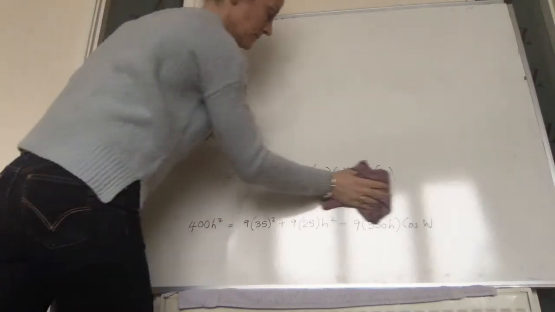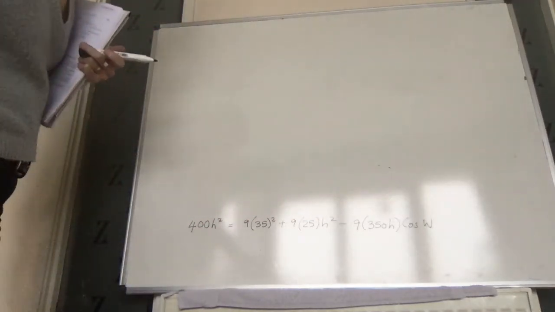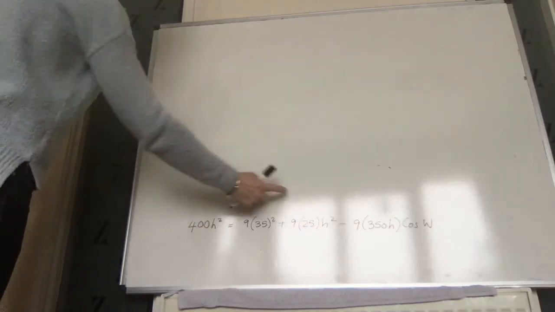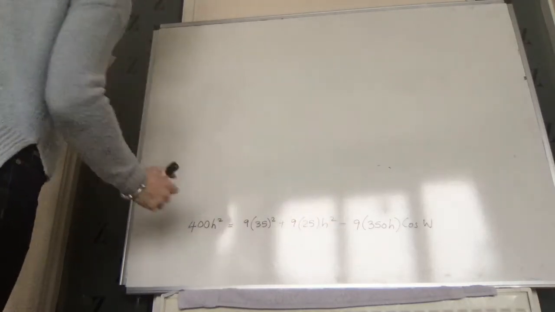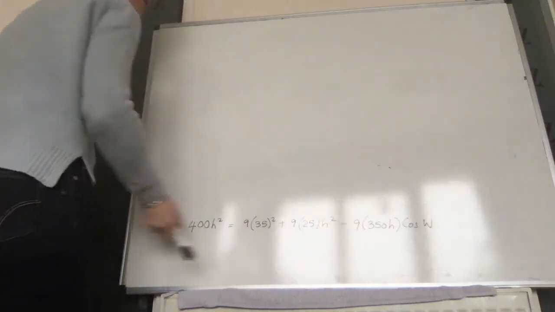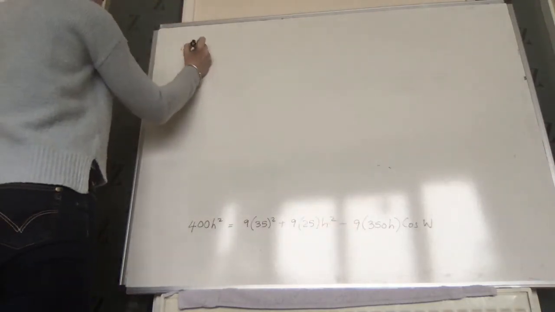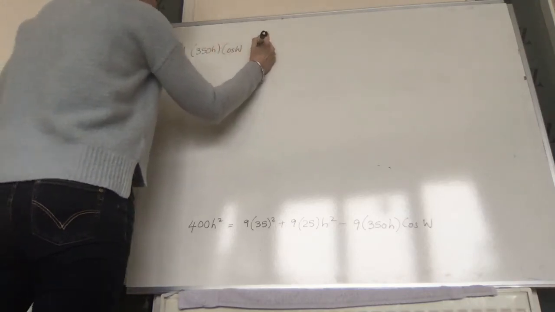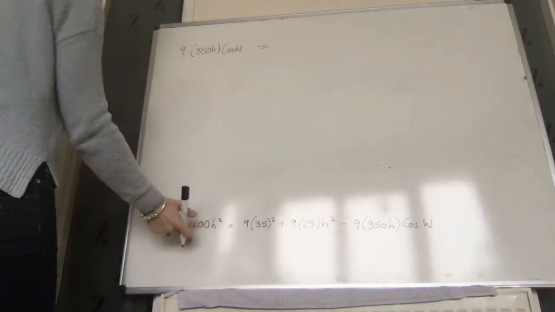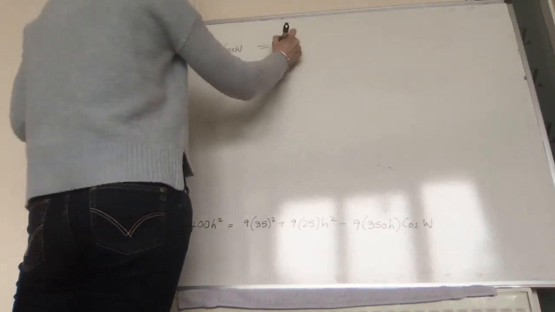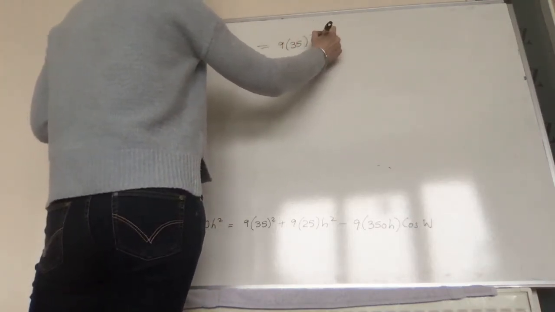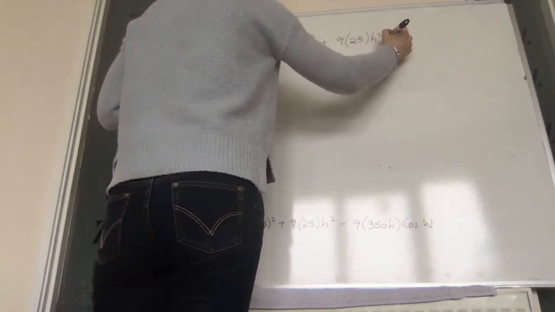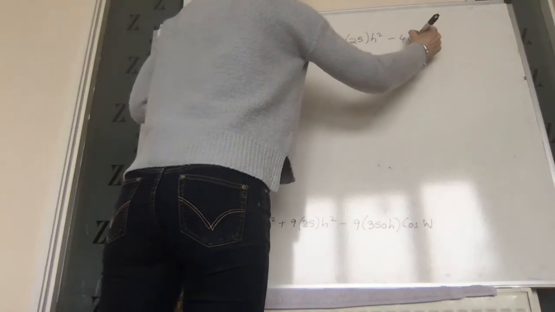We now have, let's bring this over to this side and bring that to that side. In other words, let's add 9 times 350h times cosine W to both sides. So we get 9 times 350h cosine W is equal to 9 times 35 squared plus 9 times 25h squared minus 400 h squared.